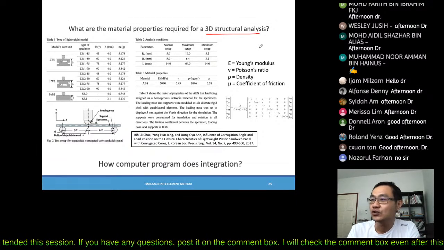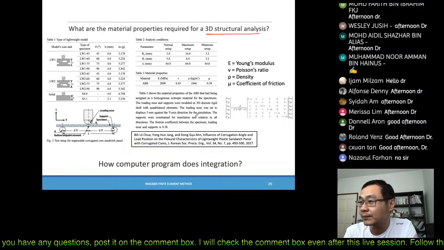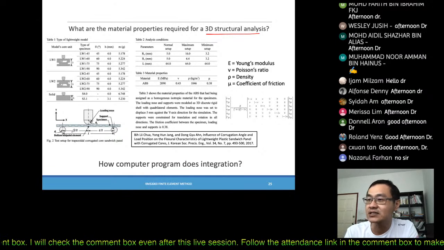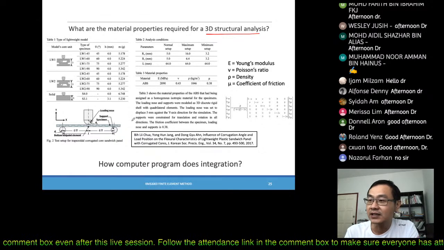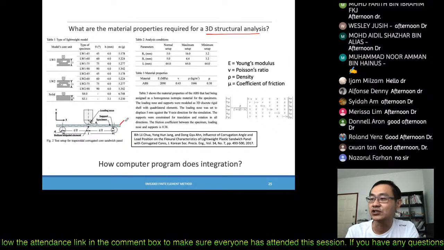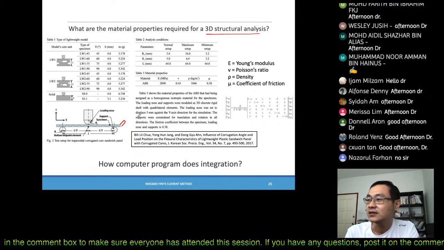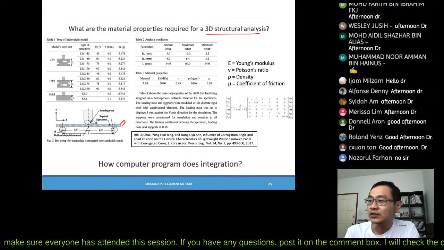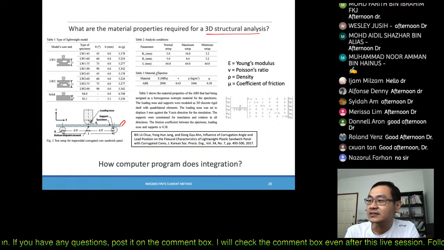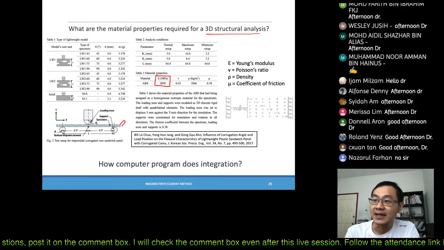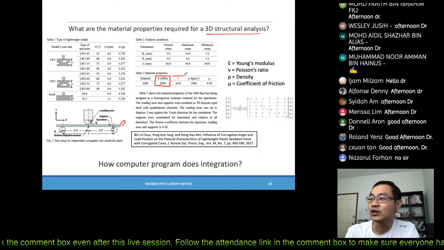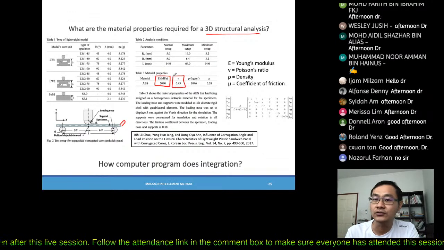If you refer to one of the papers related to three-dimensional structural analysis for a corrugated core sandwich panel, this is a three-dimensional structure. So what would we put in? The Young modulus remains there, but for a three-dimensional structure you would also need to include a Poisson ratio.